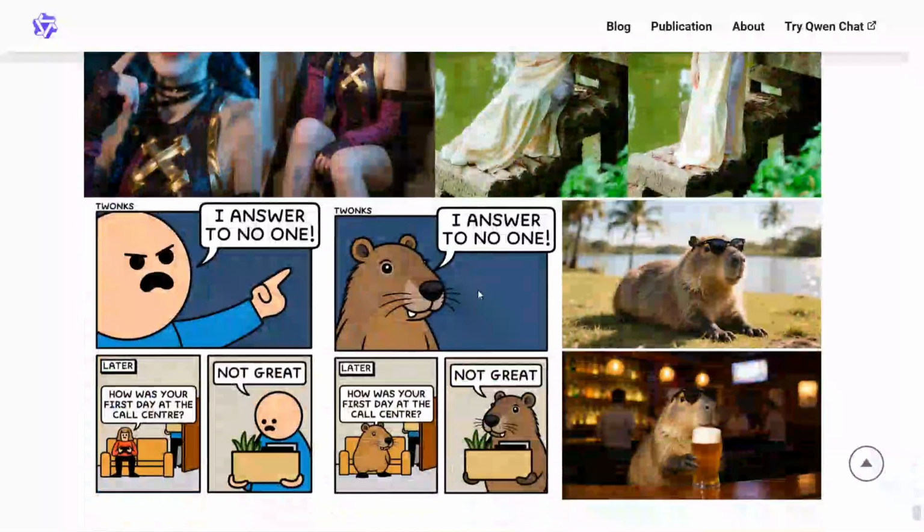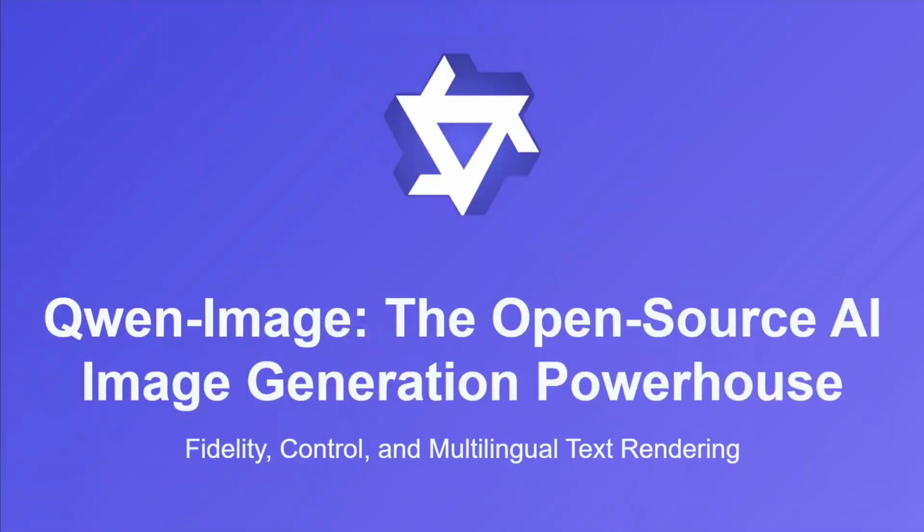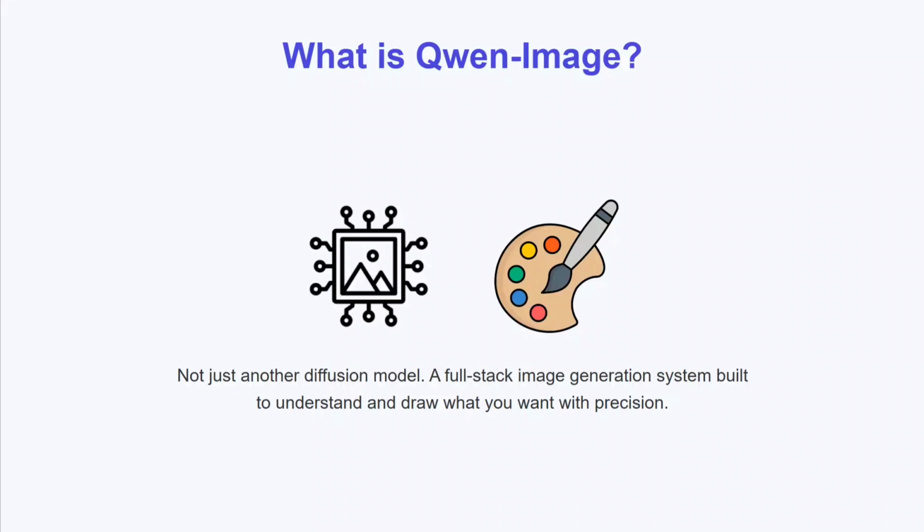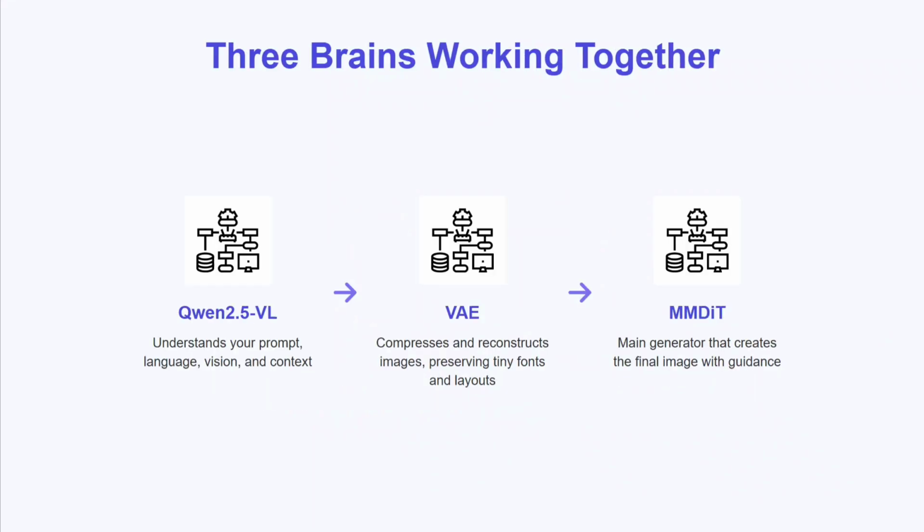This is that strong. So before we jump on to the demonstration, Qwen-Image, the open source AI image generation powerhouse, quite easily you can say given the samples. What is it? It is not just another diffusion model, but it is a full stack image generation system. I will show you why I'm saying that, because it has three major components.